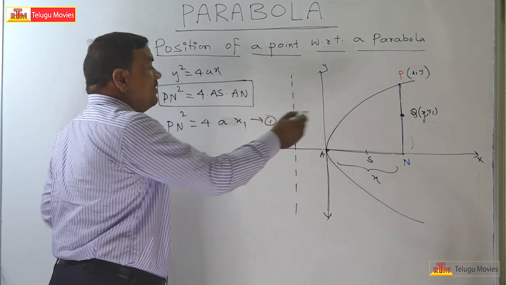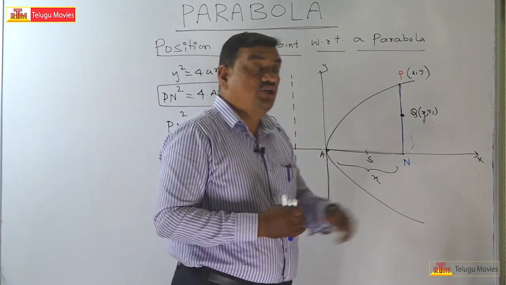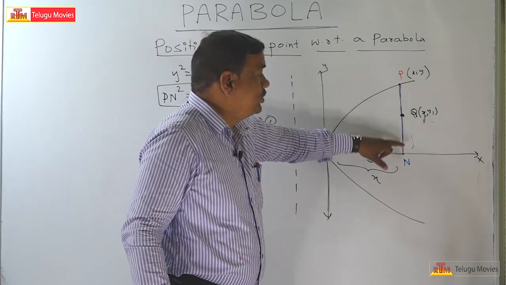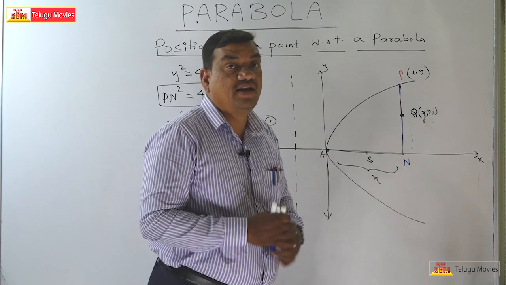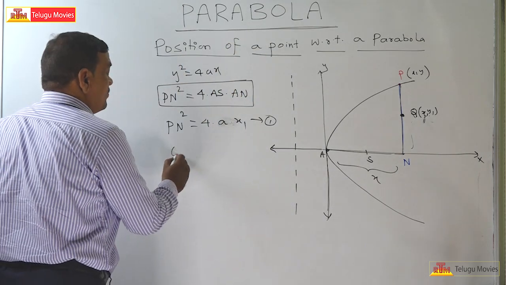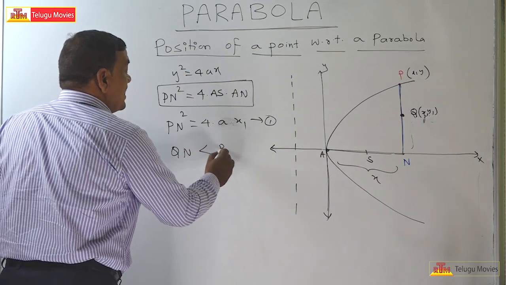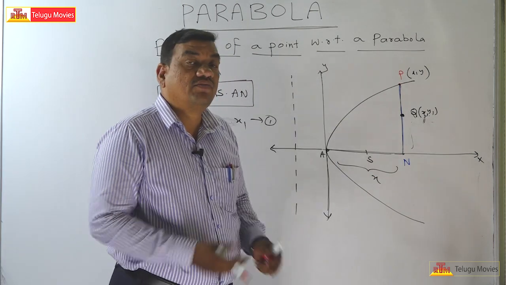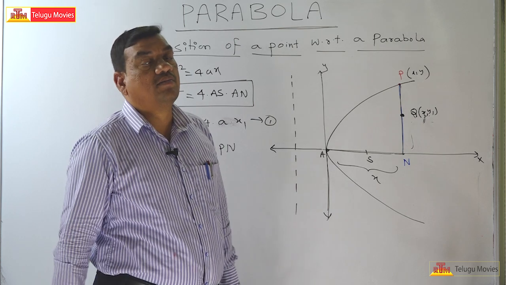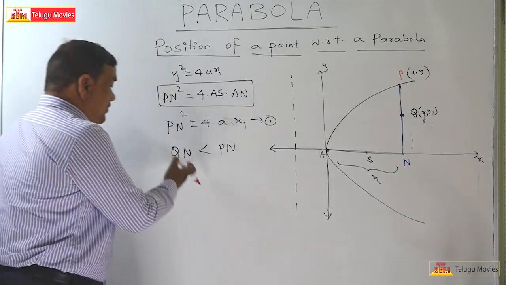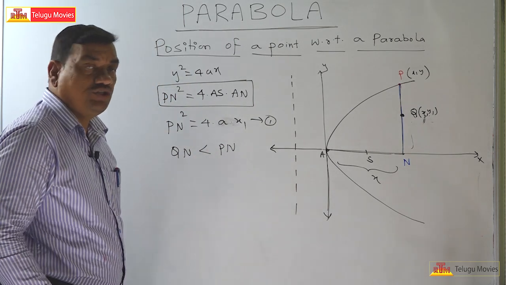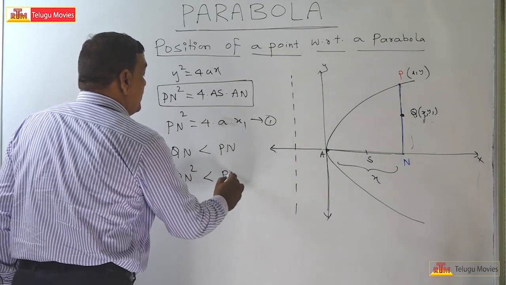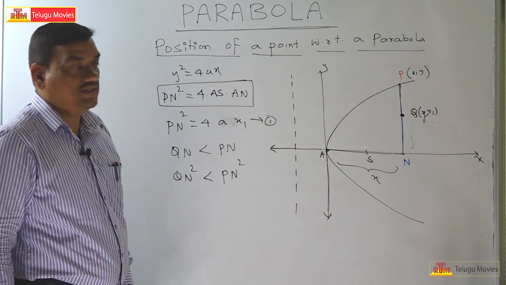Now you see here, very easy concept. When Q lies inside the parabola, is it not QN is less than PN? Clearly from the graph, QN is less than PN. Why? Because Q lies inside the parabola. Since QN and PN both are positive quantities, we have QN square is less than PN square.